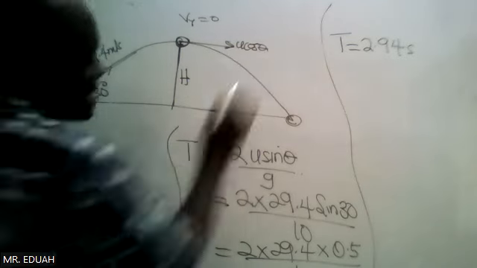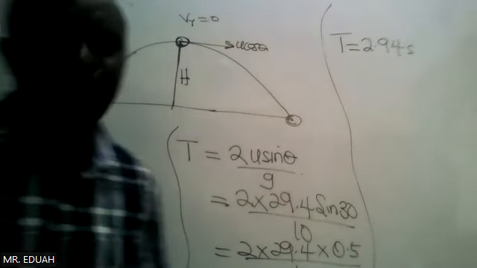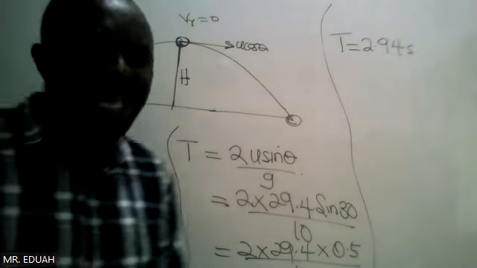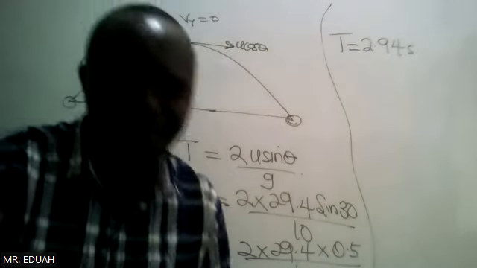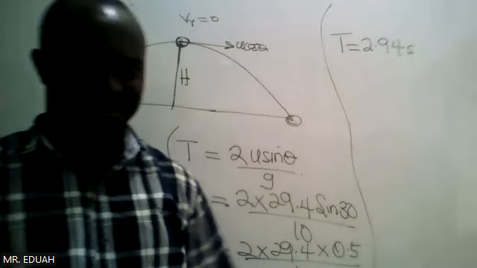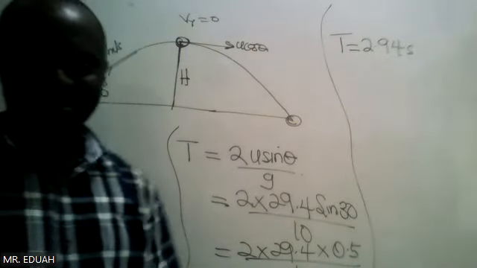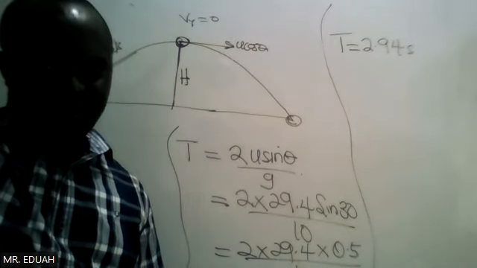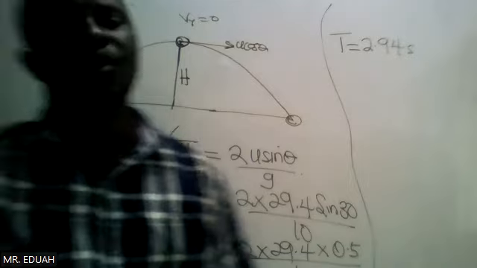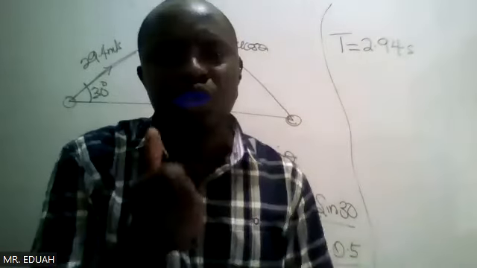So when the question demands the velocity at the maximum height, it is just the constant horizontal velocity, because the vertical one is 0. Only the horizontal one survives.